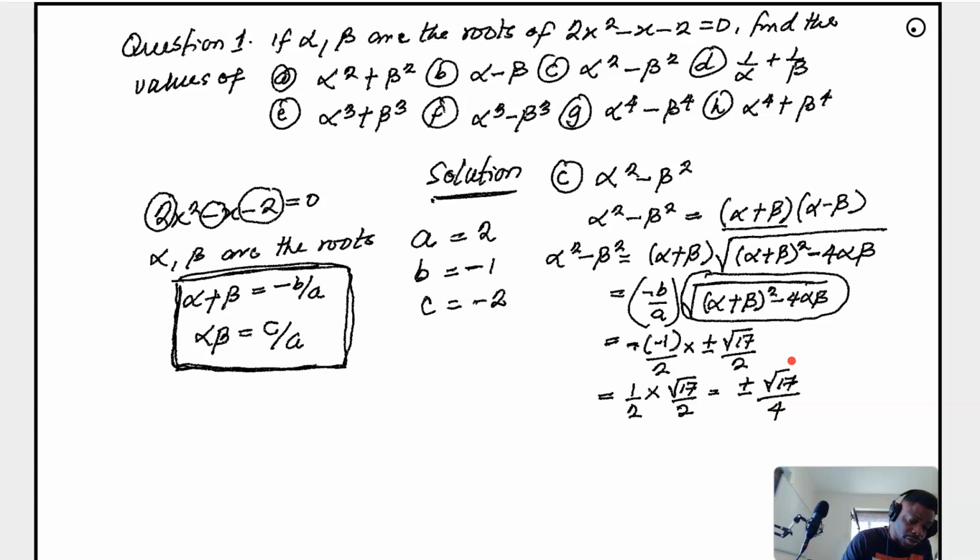You can decide to finish up this, okay? You can decide to say, okay, square root of 17. Let me find my calculator here. So square root of 17 is 4.123. So I can say plus or minus 4.123 divided by 4. Okay?